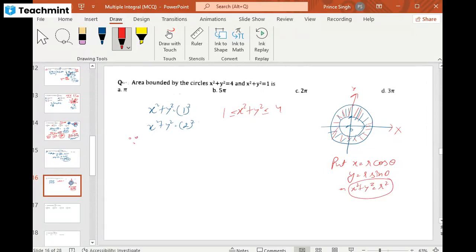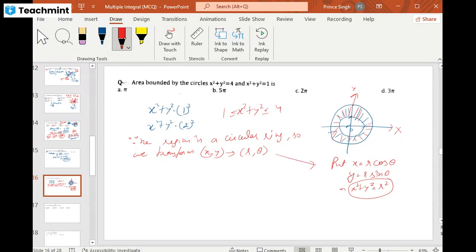Because the region is a circular ring, we transform the rectangular coordinate system xy to the polar coordinate system r theta using this transformation.